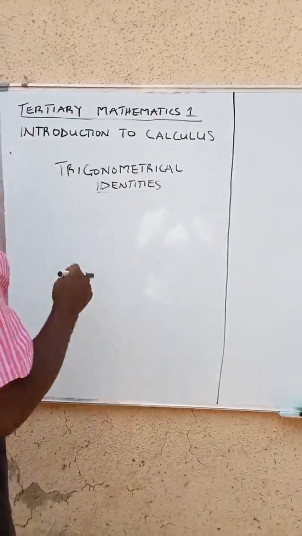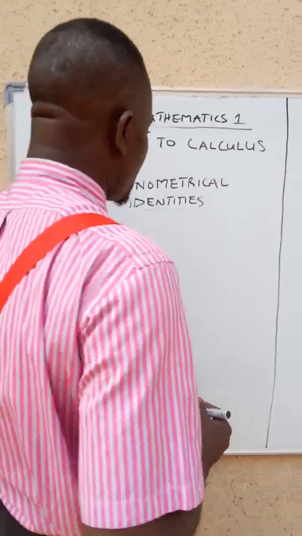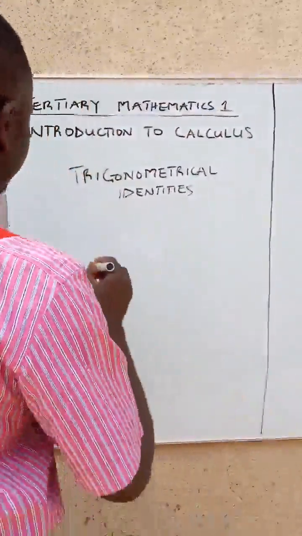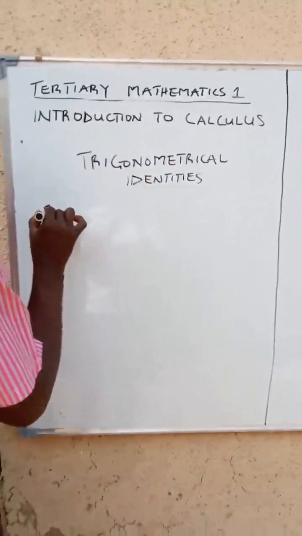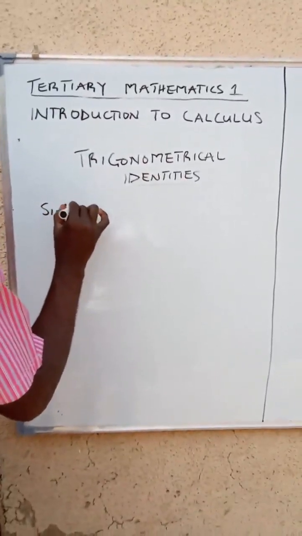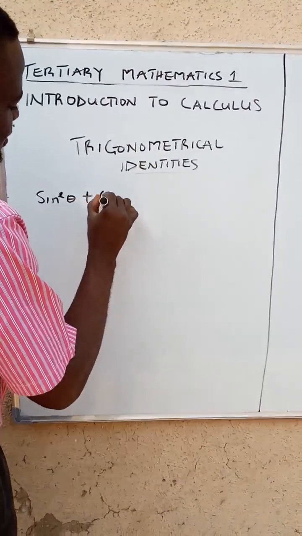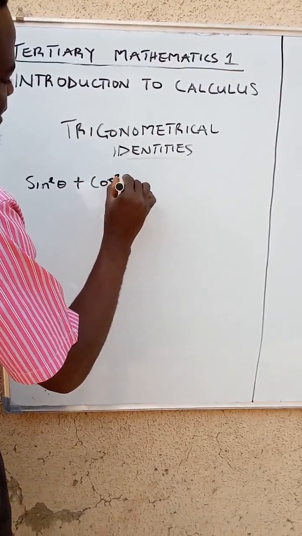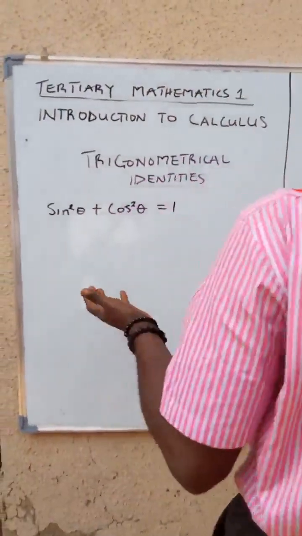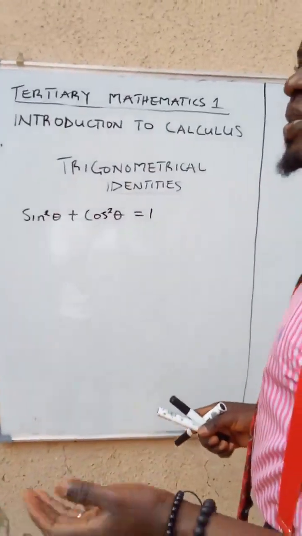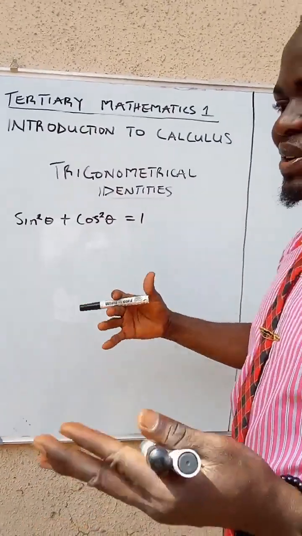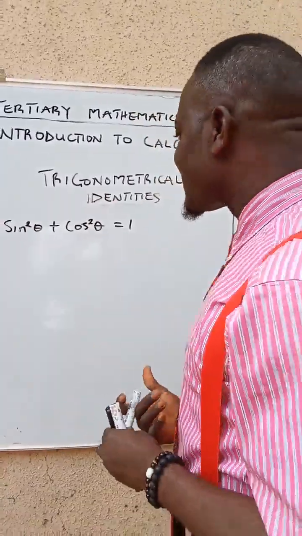Now, what do we understand by this? We all know that sin² theta plus cos² theta is equal to 1. Yes. But let me refresh our brain.